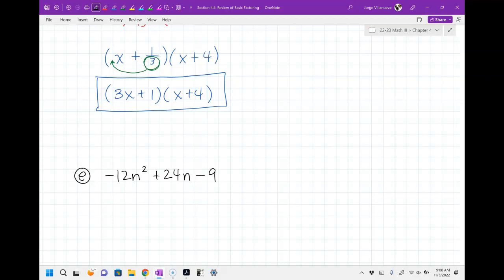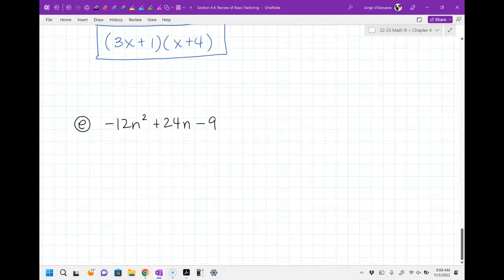Now, this one is tougher because there's a couple little things you can do. If they have a negative in the front, you can actually factor it out. You can take it out first. But do these also have a number in common? Is there something that divides 12, 24, and 9? Well, besides 1, 3. 3 divides it.